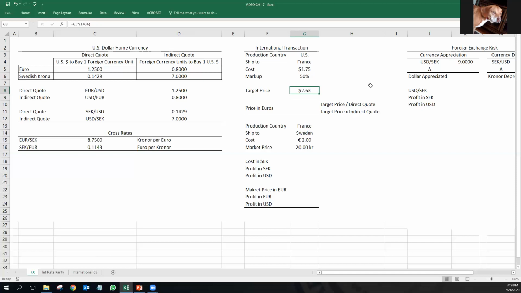But so what should be the price in euros when you put it in the store out there in France? So there's 2 ways we can do this. In this oversimplified expression, you can get away with this. You can do target price divided by the direct quote, which is this. That's what I wrote there, target price divided by direct quote. This divided by that. Or you can do the target price multiplied by the indirect quote.